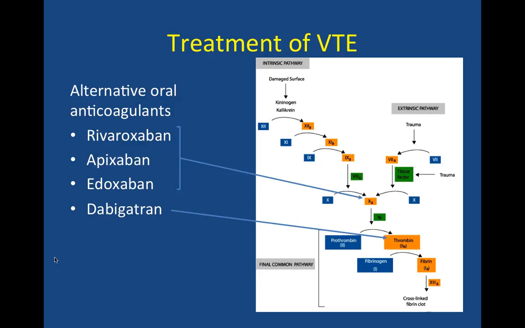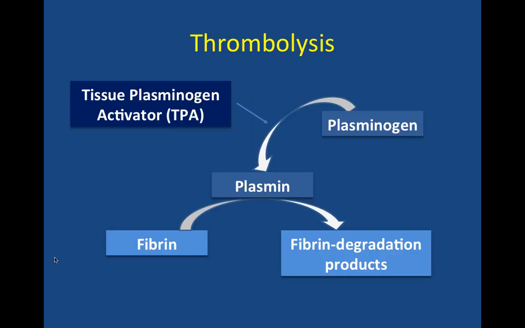Now, we have newer agents that we can choose from. These are the alternative oral anticoagulants, the new oral anticoagulants. And so far on the market, we have 4. The first 3, rivaroxaban, apixaban, and edoxaban, are direct factor 10A inhibitors.